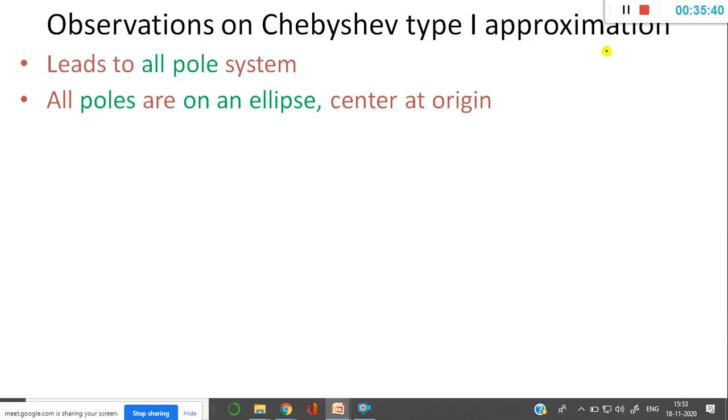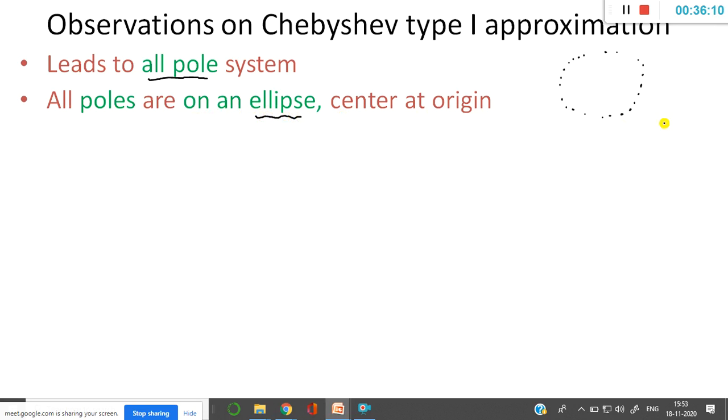Now, observations. One of the important observations that we make in the type 1 approximation method is that Butterworth was an all-pole system, and Chebyshev is also an all-pole system. But with respect to the origin, in the case of Butterworth, if I plot a freehand curve wherever the poles lie, that gave me a circle.